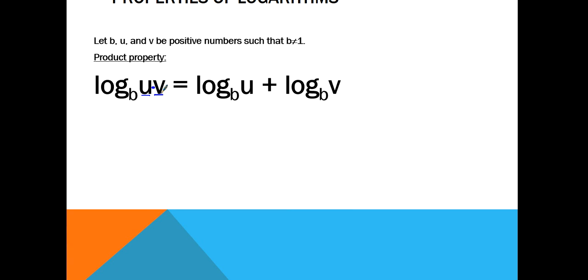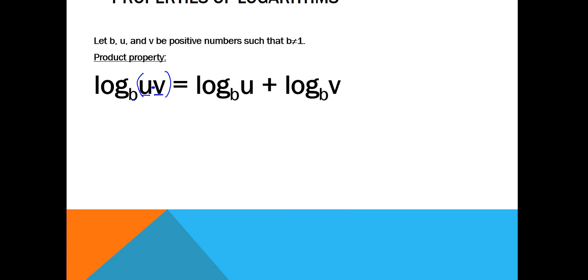If I have in this logarithm two things being multiplied together, the product property says that's the same thing as taking the log base b of u and adding it to the log base b of v. So we can take this logarithm with base b and separate it into two separate logs and evaluate each one separately. Or it also means that we can have two separate logs with the same base and then put them together. It goes both ways.